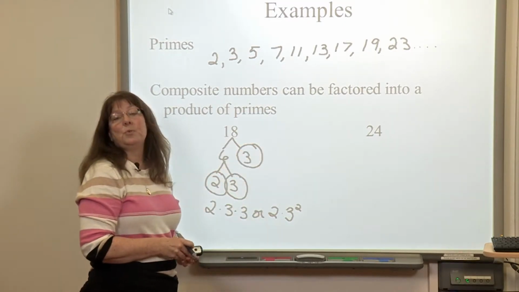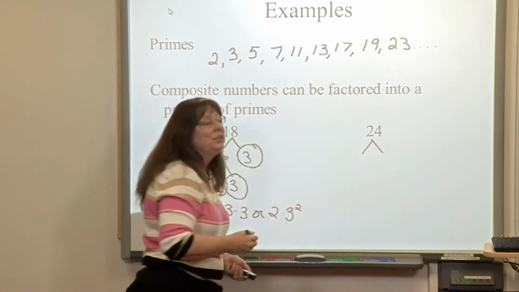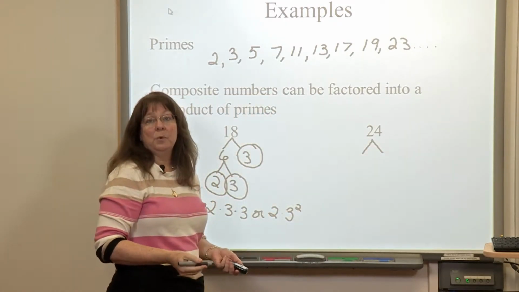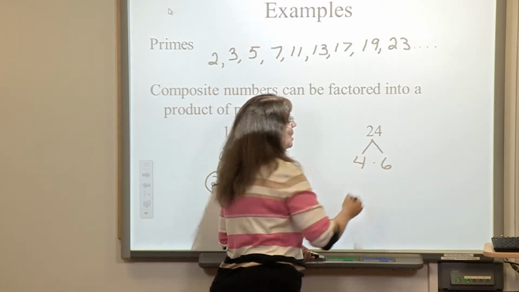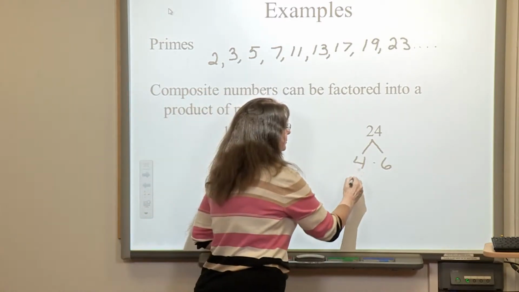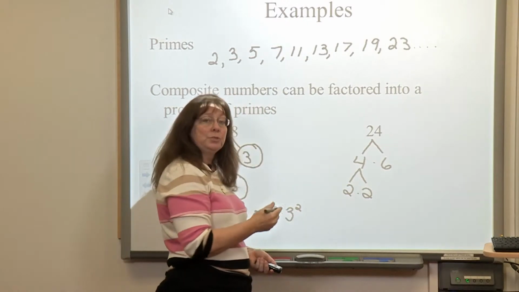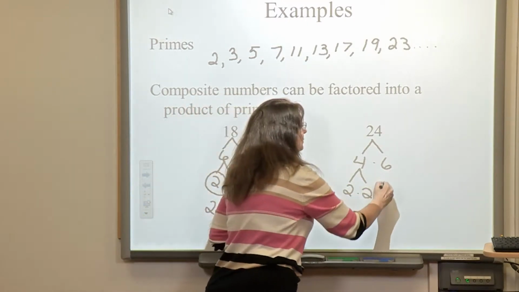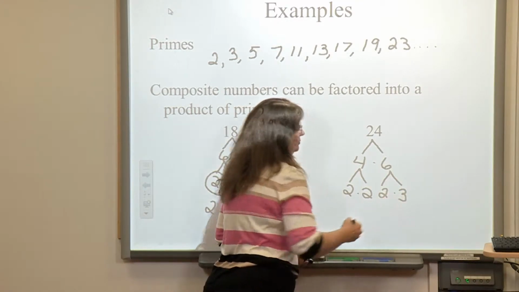Let's do the same thing with 24. You can start with any pair of factors that you want to break this number down. I'll start with 4 times 6. I can break 4 down even farther. I have 2 times 2, which are both going to be prime numbers. And for 6, I have 2 times 3.